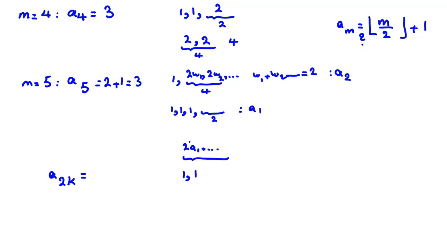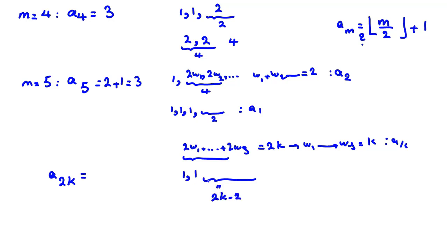Again, here, let me correct it. For example, 2W1 to 2WS, for example, S equals 2K. So W1 to WS equals K. So for this case, it is AK. The rest is 2W1 to 2WS prime, which is 2K minus 2, because we have two ones. So if we divide by 2, it is AK minus 1. So for A2K, it is AK plus AK minus 1.